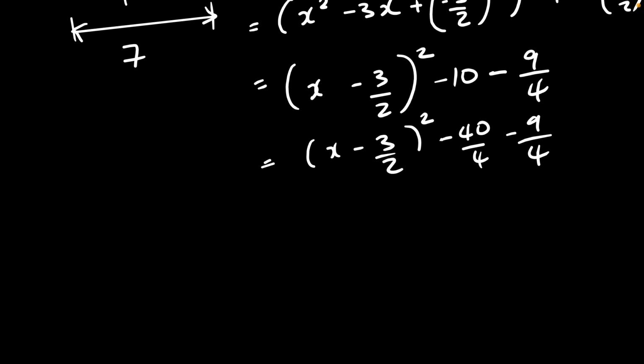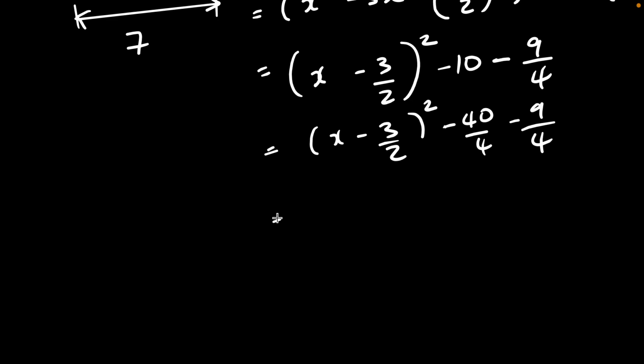I'm going to scroll this up top right here. And we'll end up with x minus 3/2 all squared minus 49/4. I'm pretty sure it was a minus 10. Good. So we're good.